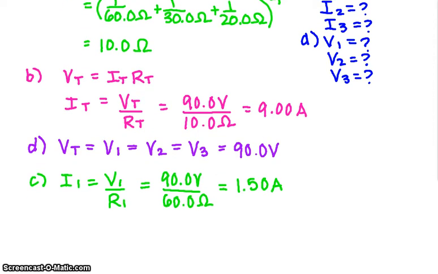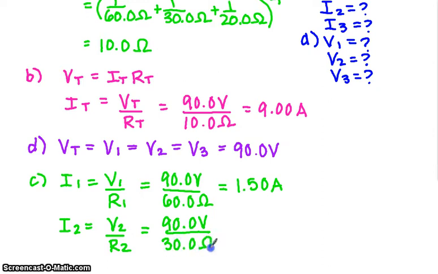And we'll do the same for I2 and I3. I2 will be V2 over R2, which again is 90 volts, this time divided by 30 ohms, which gives us 3.00 amps.